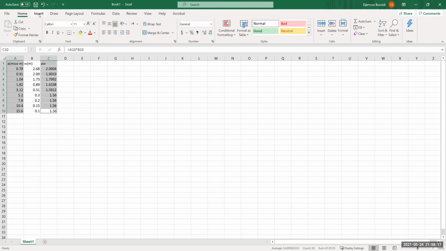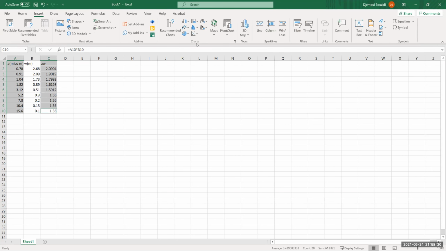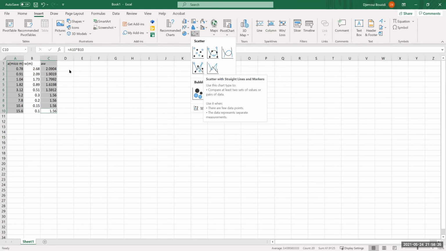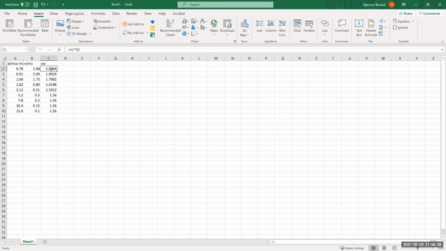Go back to Excel, go to Insert, and we want a chart. We are not supposed to do that. That's fine. Sorry about that. So let me plot it again.